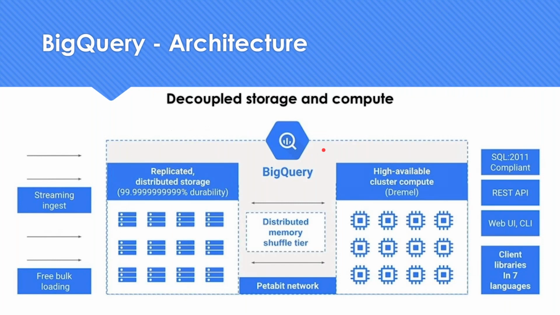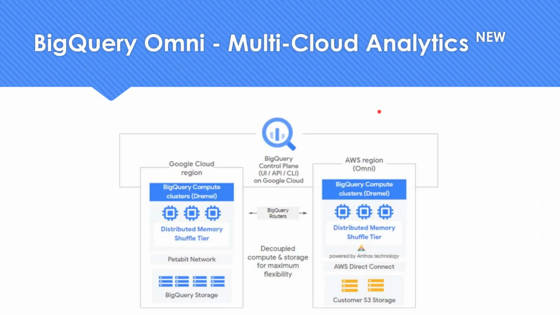And as I mentioned, this product is becoming very, very popular. People are doing lots of migration from their existing warehouse to GCP's BigQuery. Google understood that. In last year's 2020 Google Next event, they launched a product called BigQuery Omni, which is going to be a multi-cloud analytics platform.